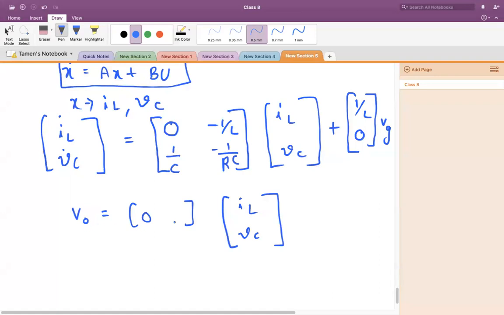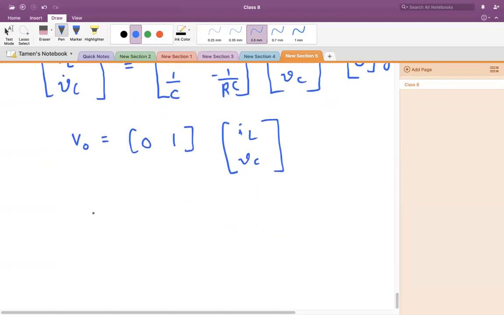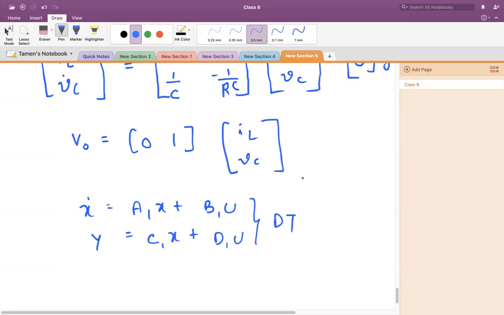In terms of output voltage, it will be equal to capacitor voltage, so it is 1. So this part we have done, the DT part. Plus B1u, y equal to C1x plus D1u.